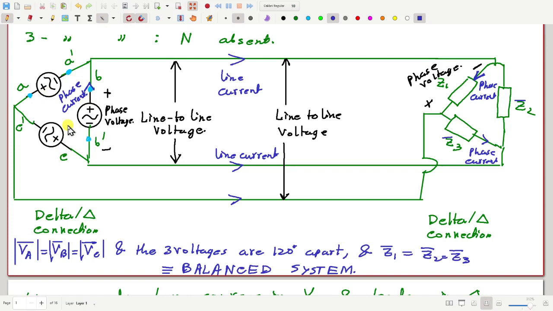We may have only a balanced source but unbalanced load, or everything balanced.